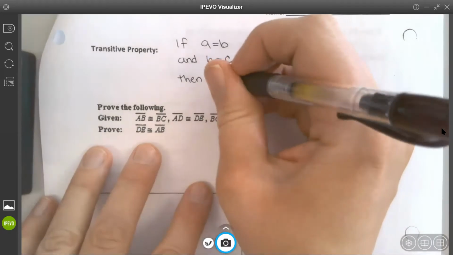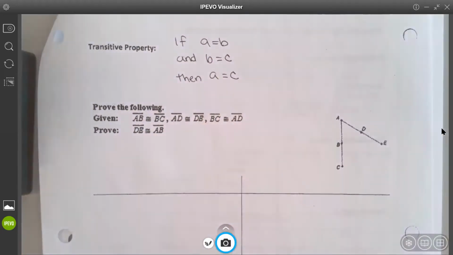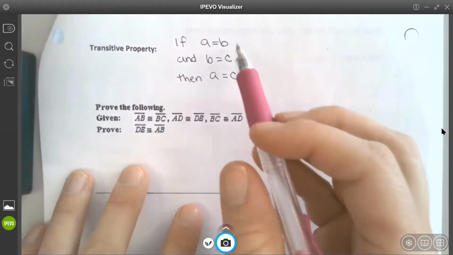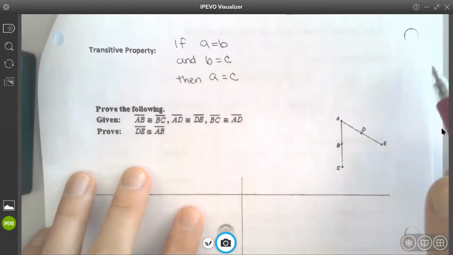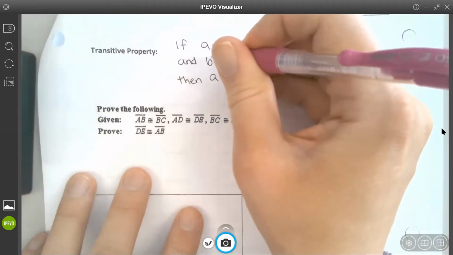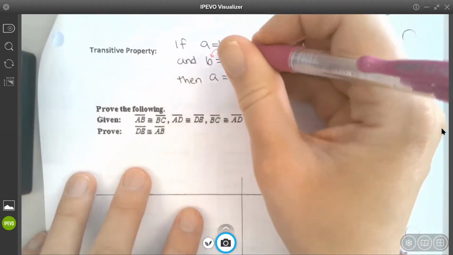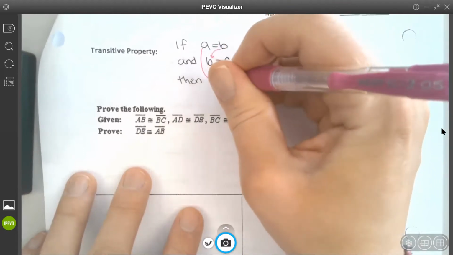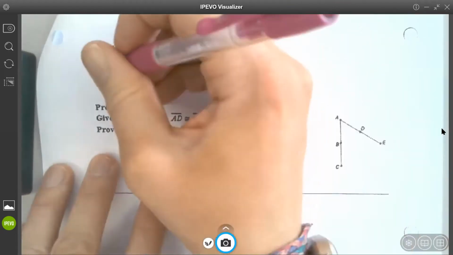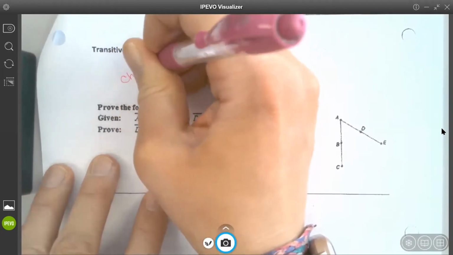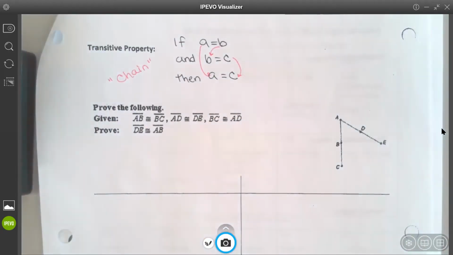Then A equals C, good job. With transitive property, it may be written like a sentence. It's like a chain, so B connects to B, and then I can connect A and C together at the end. I'm linking together all of these statements to say A equals C. So if A equals B and B equals C, well then A must equal C.